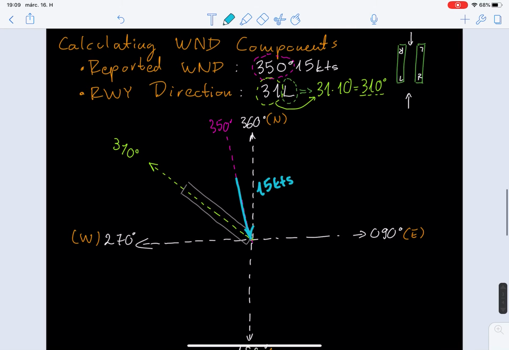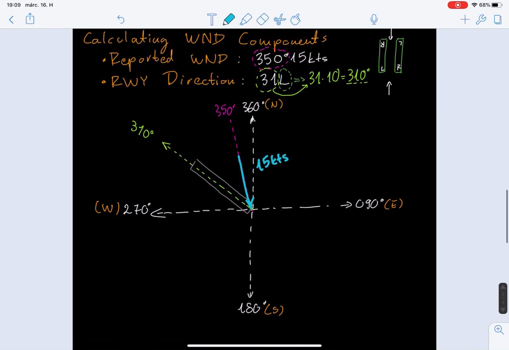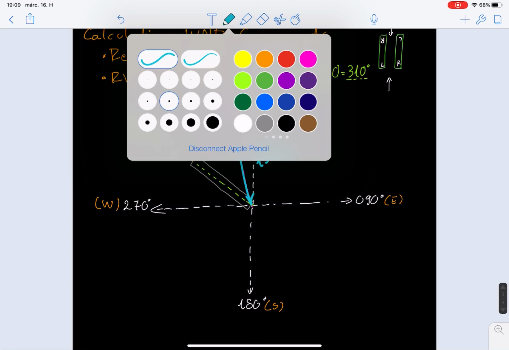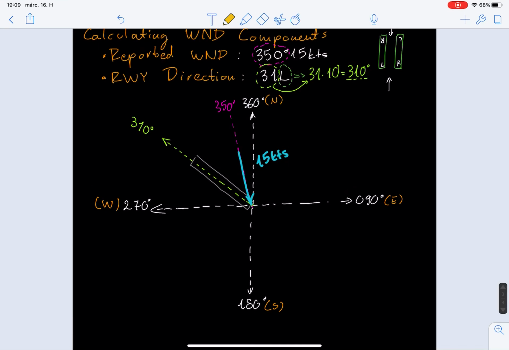Okay. So we can already pretty much tell that when we're taking off in this direction, I'm going to have a headwind component and a crosswind from the right. It's kind of visible, but if not, don't worry, we're going to break this whole thing into components.